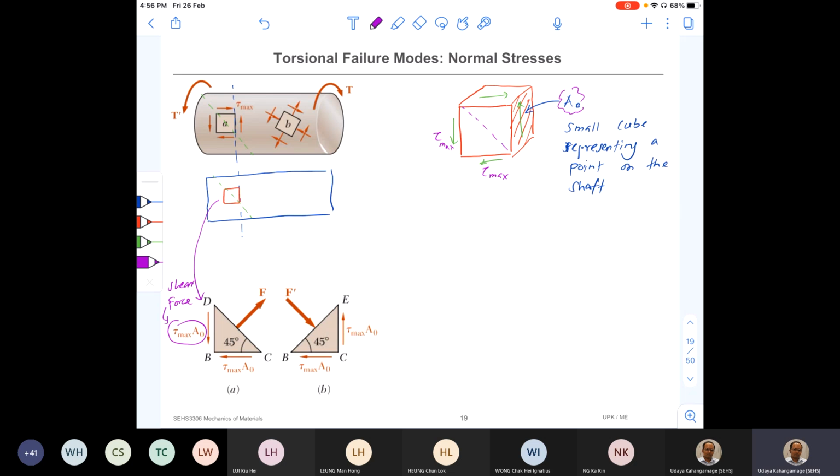And then for the equilibrium, there should be an internal force, and let me mark the internal force perpendicular to that cross section DC, and also there can be a shear force. I mark that shear force as Fs, the shear force along the surface.